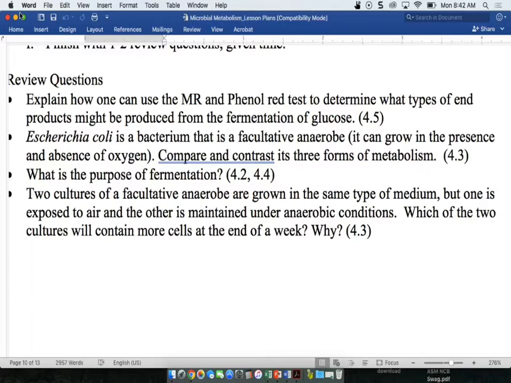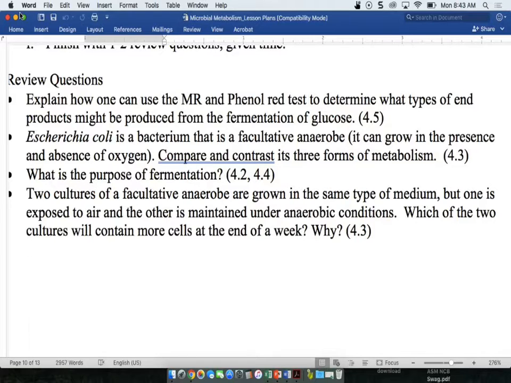Could this organism perform fermentation? Possibly. It doesn't really say in there, right? I'm not even defining for you necessarily what's in the media. But fermentation only gives us how many ATP per glucose? Only 2. So we might find that within 12 hours, the one growing anaerobically might have more as it's fermenting and growing and using up that glucose really quick.